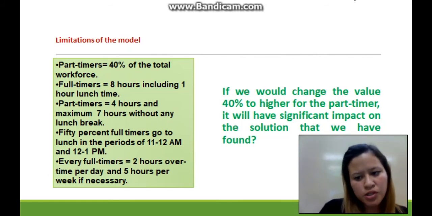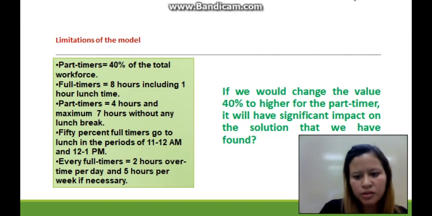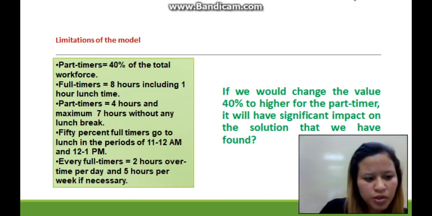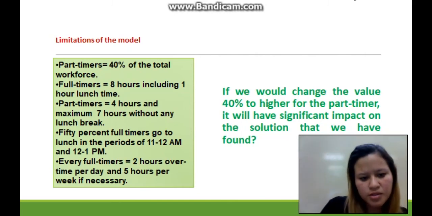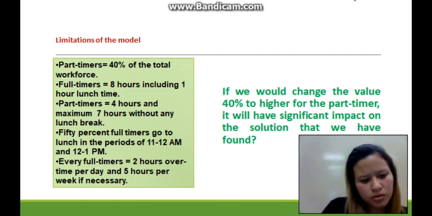And if we change the 40% limit for hiring part-timers, it will have a significant impact on the solution we have found. Yes, because if we can have more than 40% part-timers of the total required personnel, the number of full-timers will be less than what we found, F equals 30, which will reduce the cost significantly.